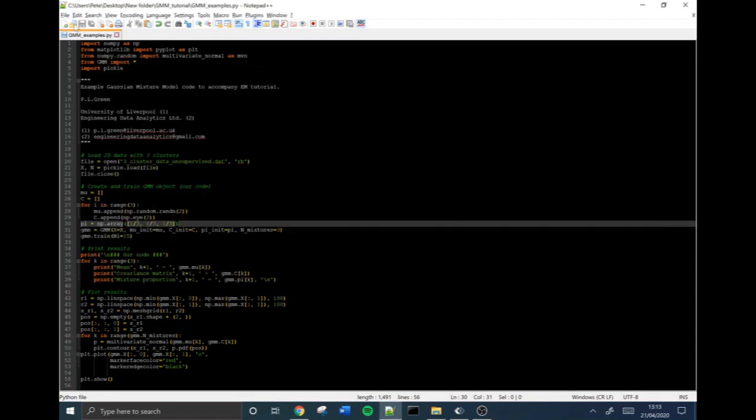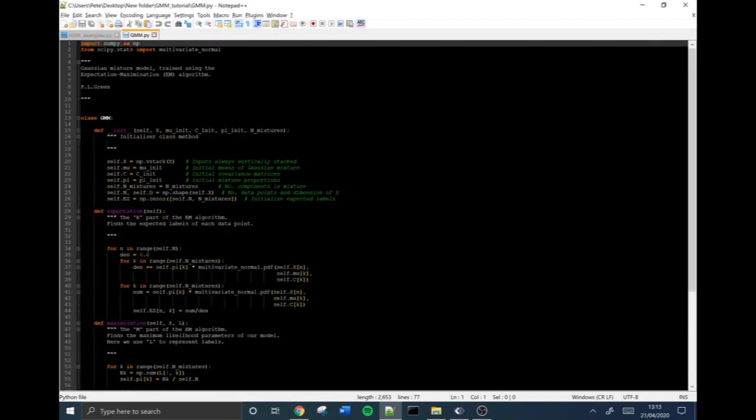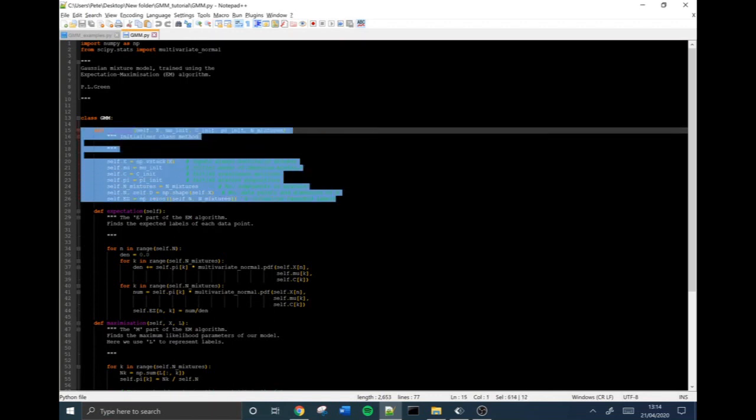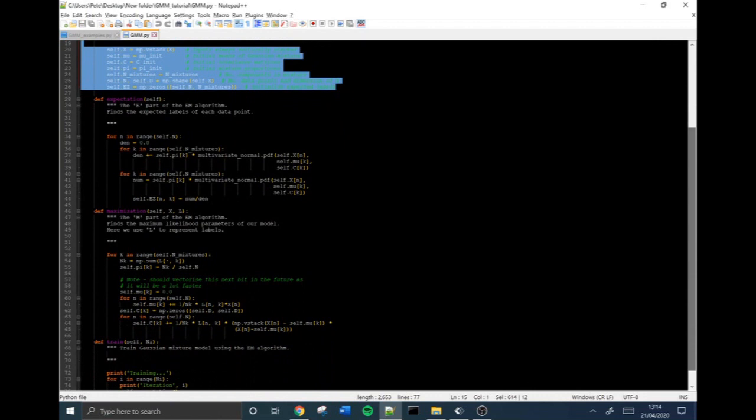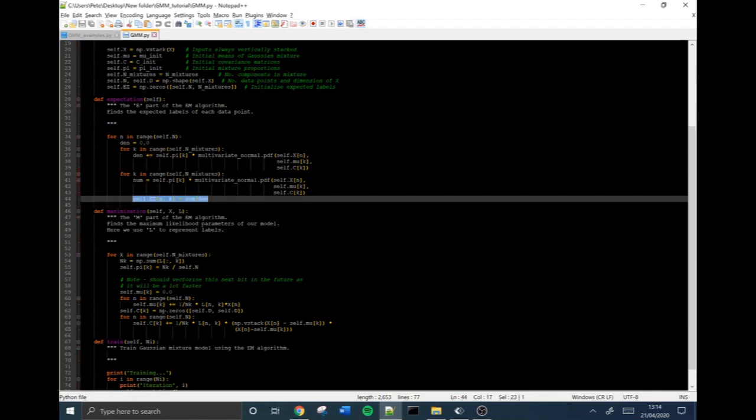Okay, and then the actual code itself, the actual Gaussian mixed model itself, is in GMM.py. This is like a Gaussian mixed model object. When it's initiated, this thing runs automatically. Then it has 3 methods associated with it. It has this expectation step, where essentially we find the expected Zs.